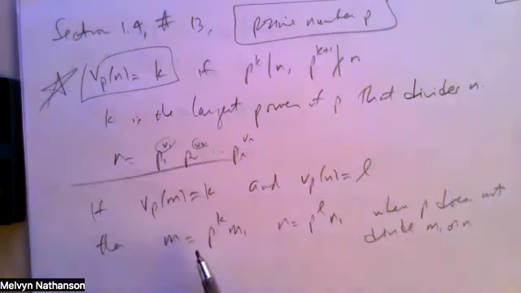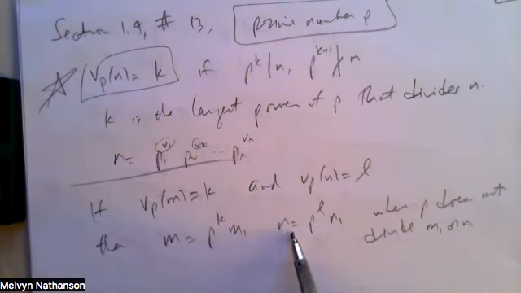That is, when you write m as a product of primes, p to the k is the power of the prime p that occurs in m. Similarly, n is p to the L times n1.